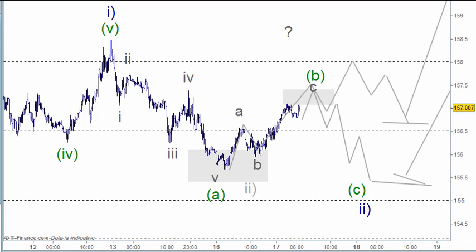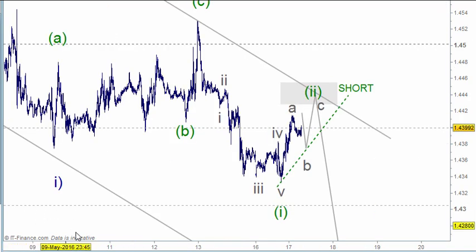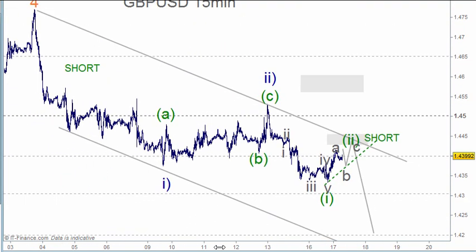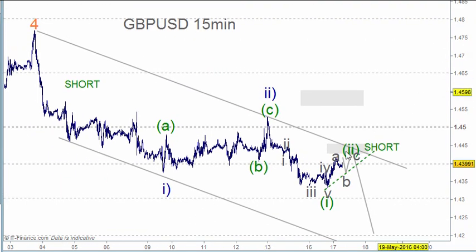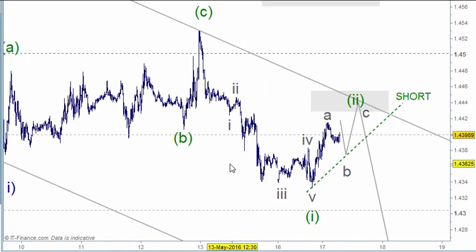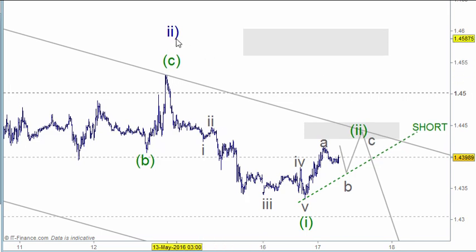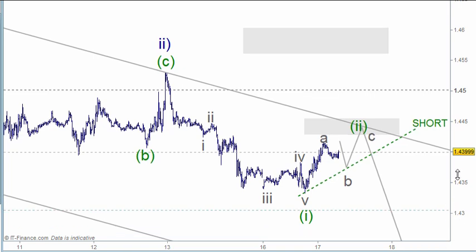So yeah, now the cable has got a reasonable opportunity here for a short trade. So let's just squash this up rather than go to a 2-hour chart. We know that the top is here, very much like the euro in a sense, same but different. So we're looking down for wave 1 and wave 2 here, and obviously we're looking for wave 3, which has started, and there'll be 5 waves in wave 3.